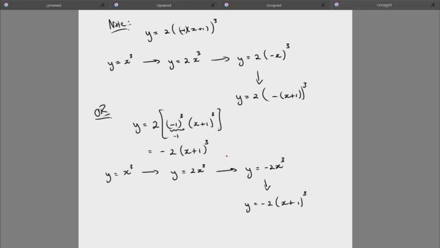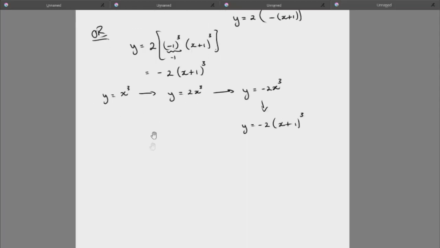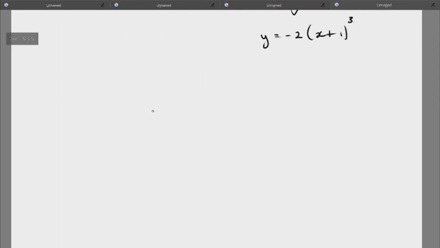Just know that if the function is built on a basic polynomial function, then you can save yourself some trouble by simplifying it first. That is the point.